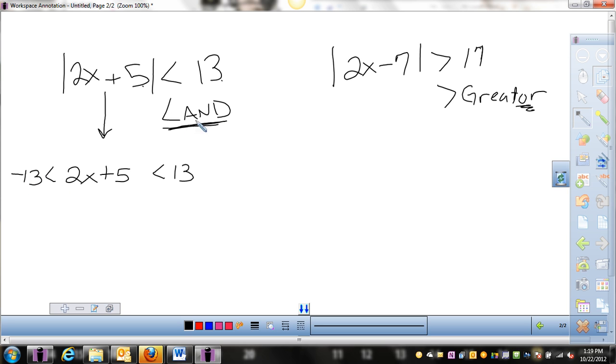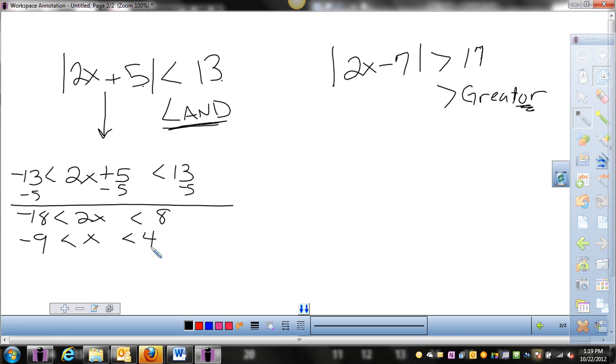Okay, that takes care of the and part, and it turns it into a simple inequality just like you guys learned earlier on. So subtract the 5, subtract the 5, subtract the 5. Negative 18 is less than 2x is less than 8. And then we divide everything by 2.